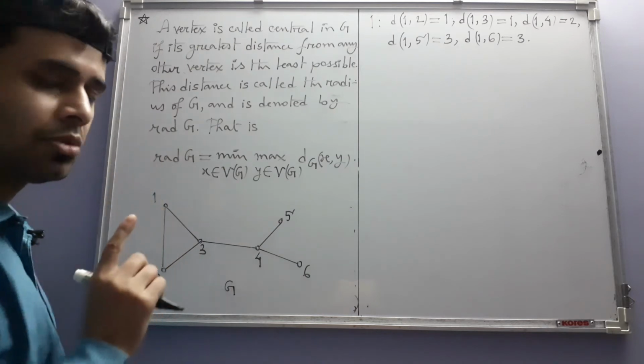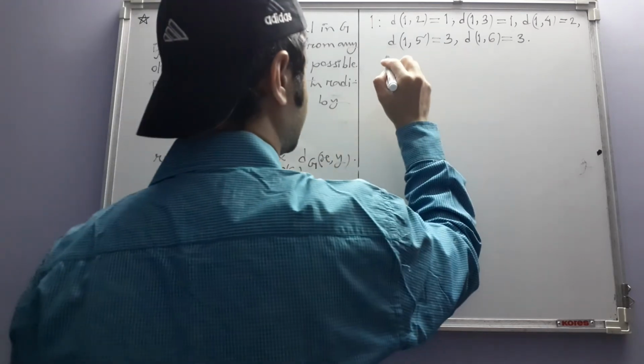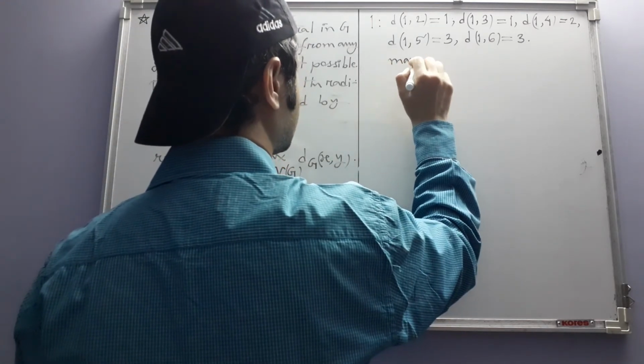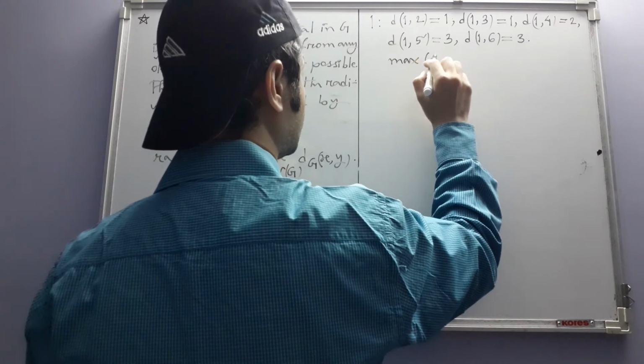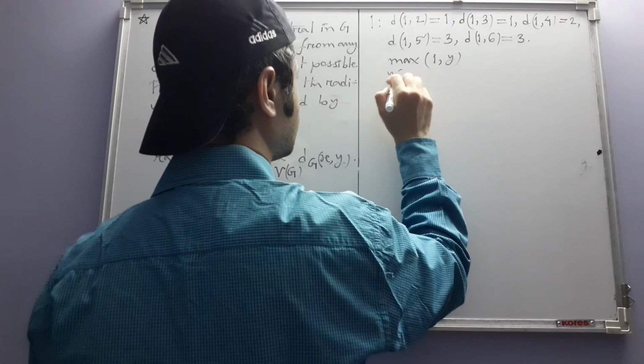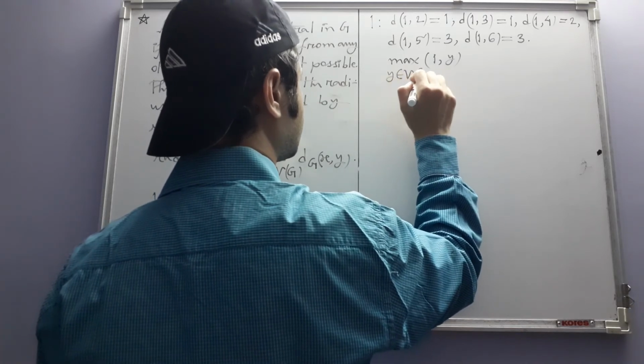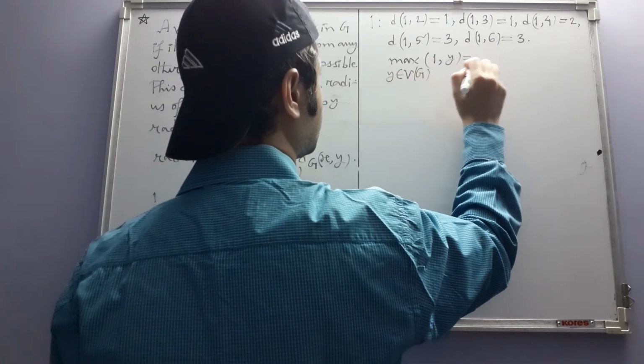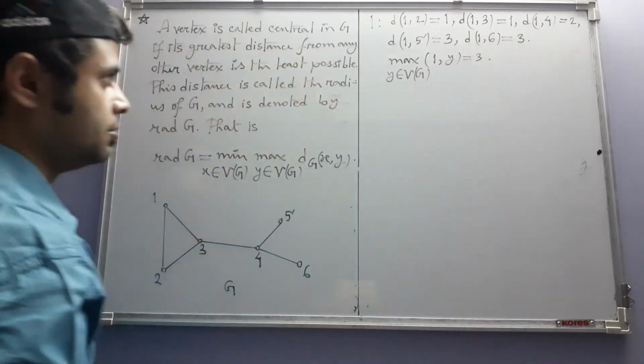And the maximum among these distances, that is maximum of d(1, y), is 3.